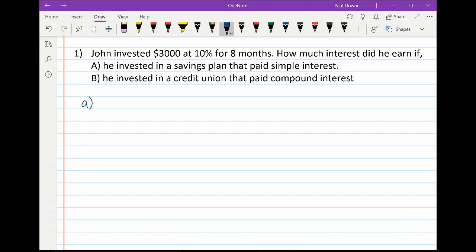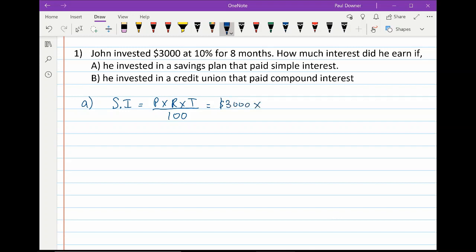And in A, they said he invested in a savings plan that pays simple interest. So how much interest did he earn? Now the simple interest formula is simple interest is the principal by the rate by the time all over 100. So we have to put in our principal, which is $3,000.